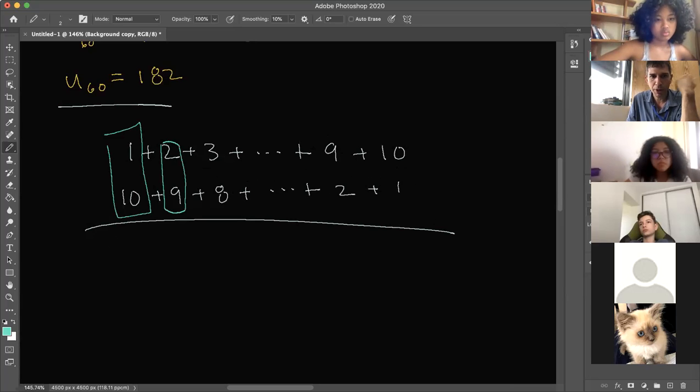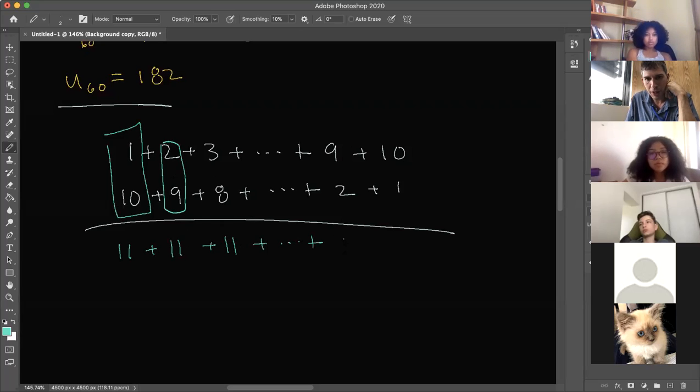So what is 1 plus 10, guys? 11. What is 2 plus 9? 11. What is 3 plus 8? 11. So you get the pattern. We just get 11 over here and 11 over here. Now, how many of these 11s are there? What's the total number of 11s in this case?